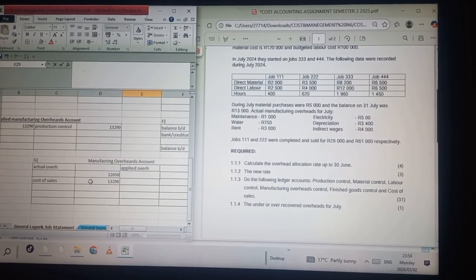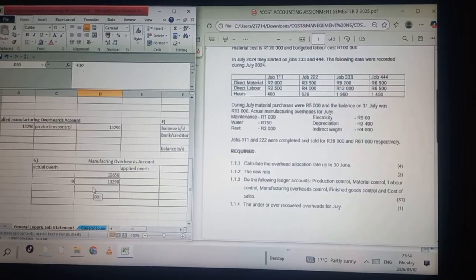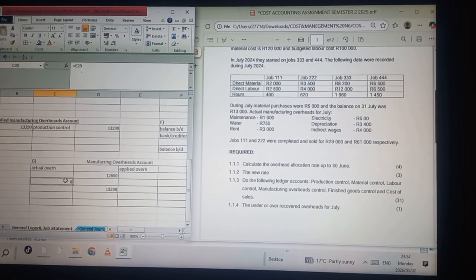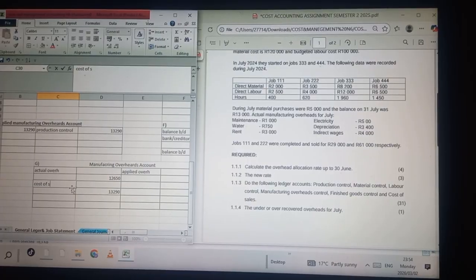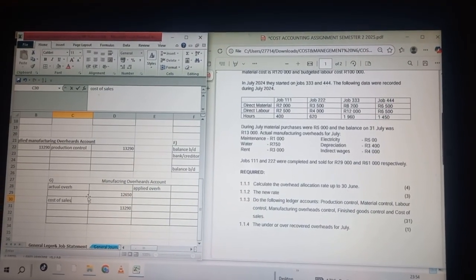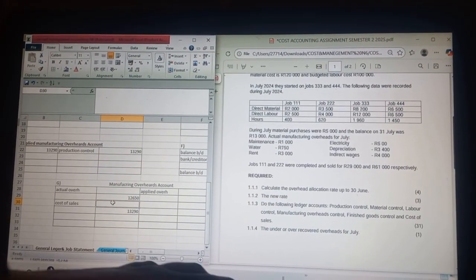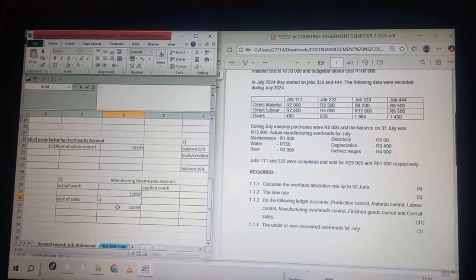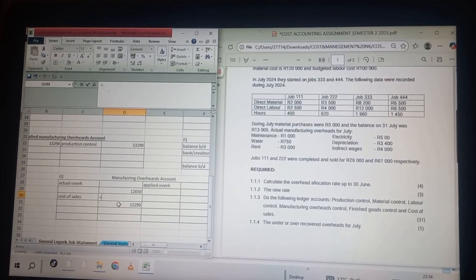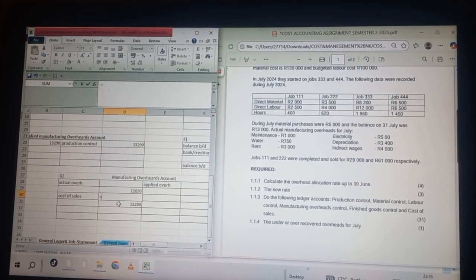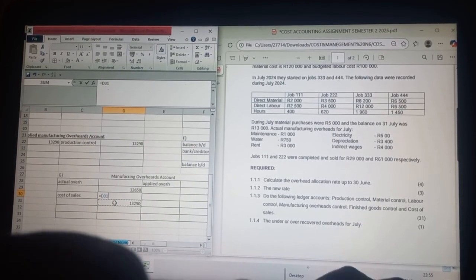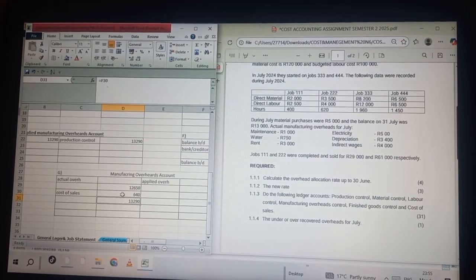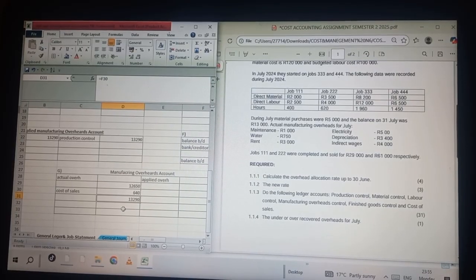Cost of sales is the difference. But then our manufacturing account, whenever we close it, you don't close it as balance brought down or carried down. We close it as cost of sales. The difference is 640.